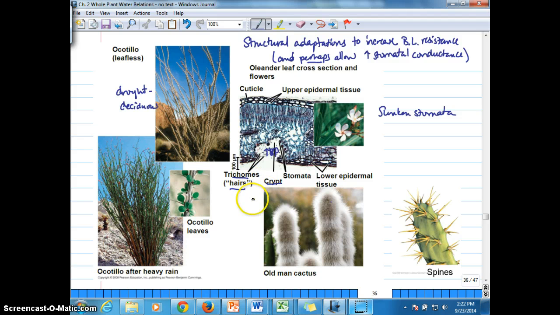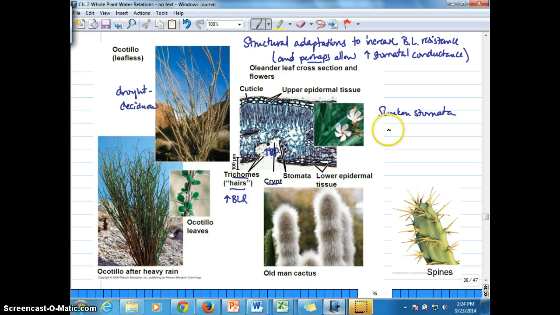Hairs or trichomes reduce the movement of air across the surface of the leaf, thereby increasing boundary layer resistance once again. And then these are situations here where the reduced leaves into spines aren't going to have any transpiring surfaces, or reflecting solar radiation coming in is going to help cool the plant and therefore help reduce water loss.